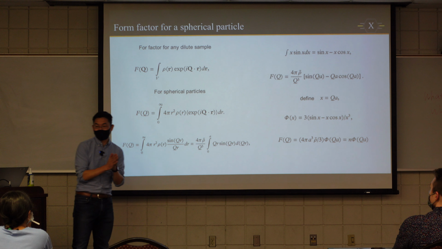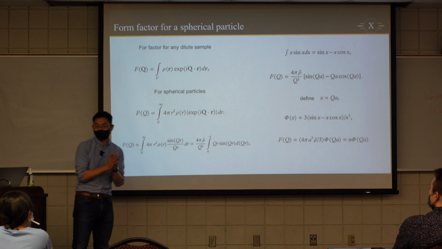So phi x will be equal to 3 sine x minus x cosine x divided by x cubed. Okay? So this gives you a very easy way now to visualize form factor for any particle. We can pull out this particular term in the front. If you look at this, it is basically volume multiplied by density. So this gives you the total number of electrons n.